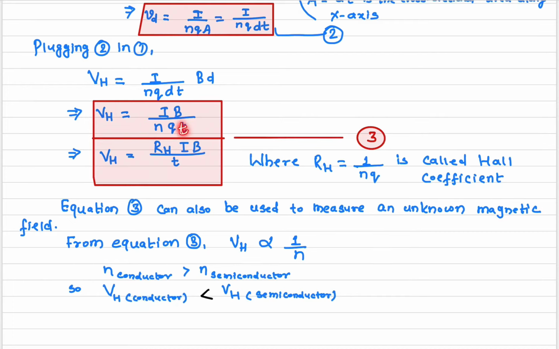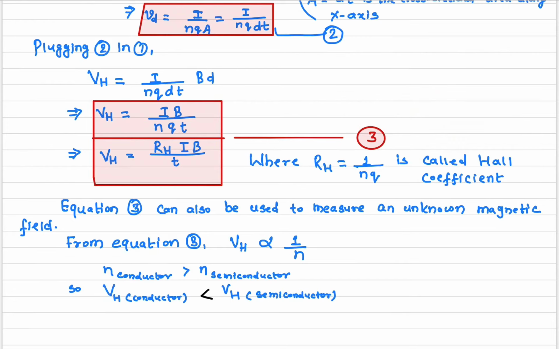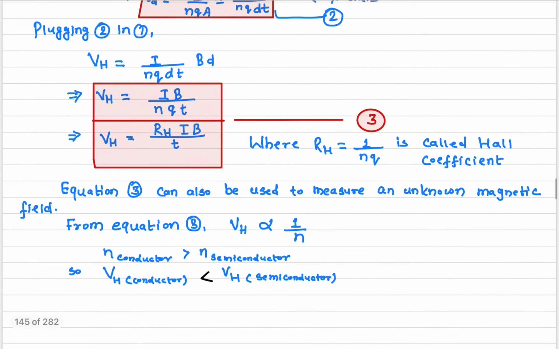And T here is the thickness along the direction of the magnetic field. There is another term here, 1 over NQ. This term together, 1 over NQ, is called the Hall coefficient.